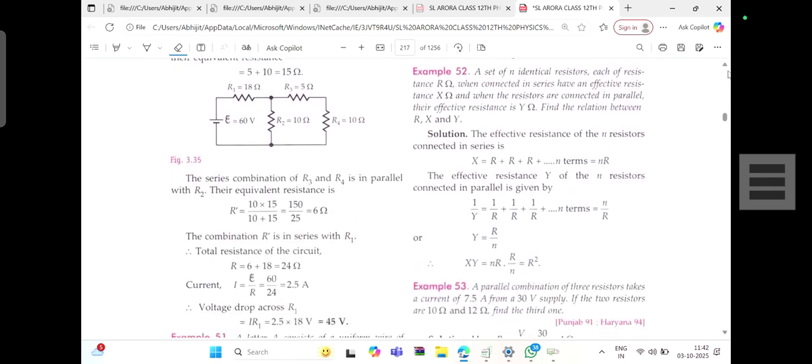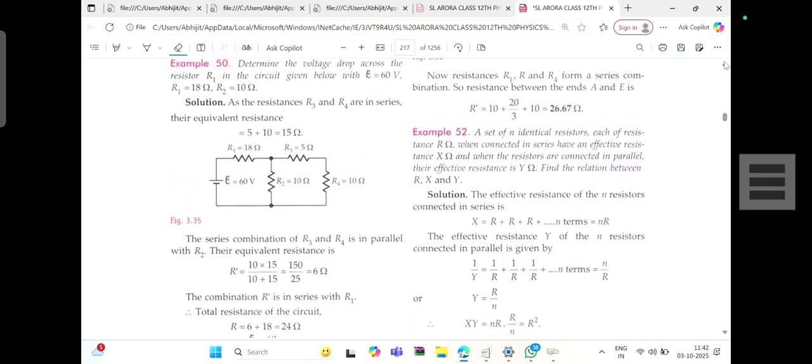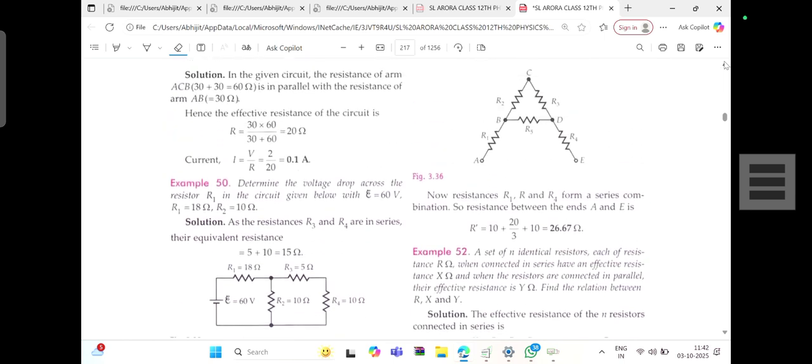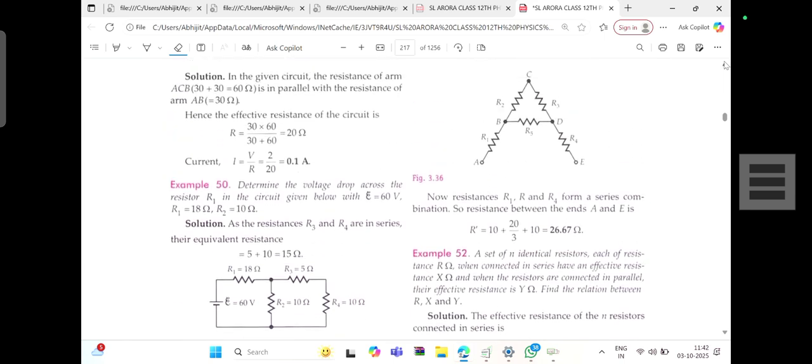This is a question of mixed combination, and that's why I designed that question for this lecture.